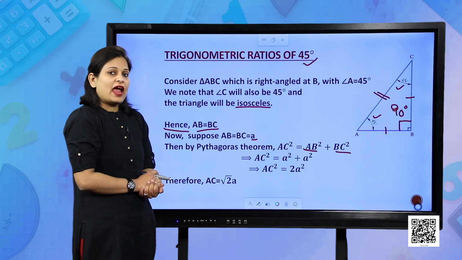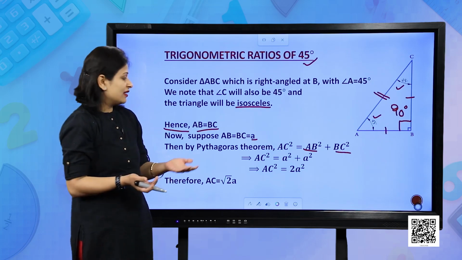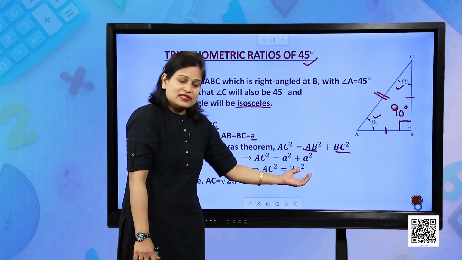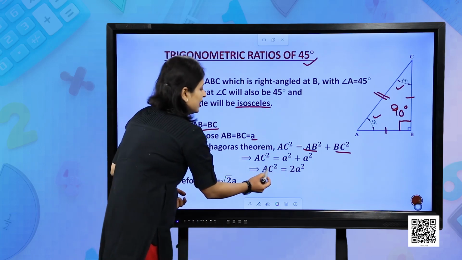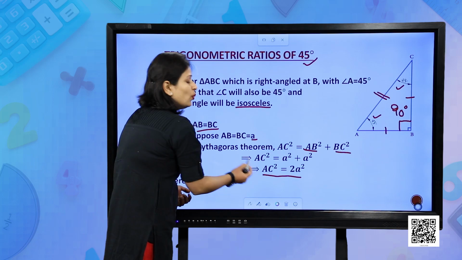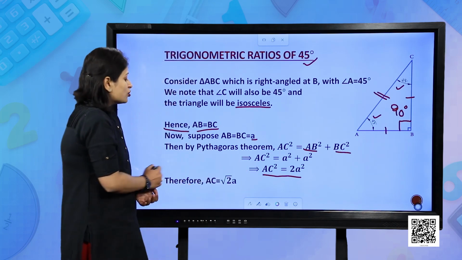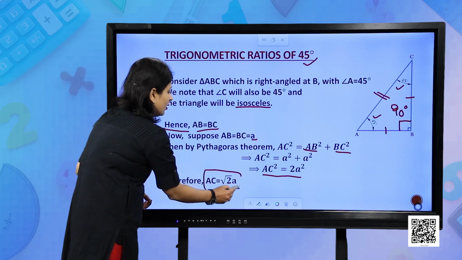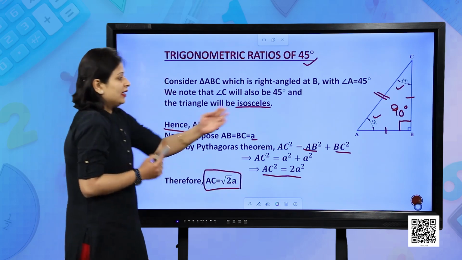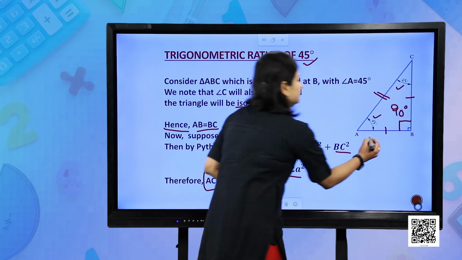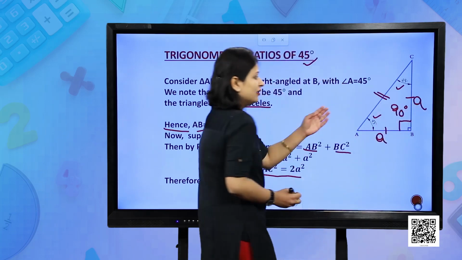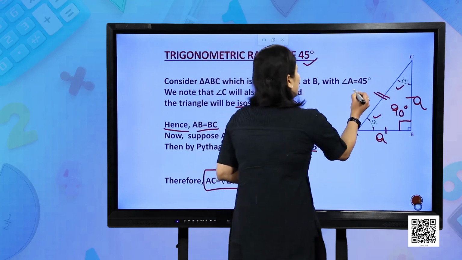Now, AB and BC you know, that is A. Simply substitute the value of AB and BC, you will get AC square as 2A square. So, what will be AC? Root 2 A. So, you know AB is A, BC is A and AC is root 2 A.